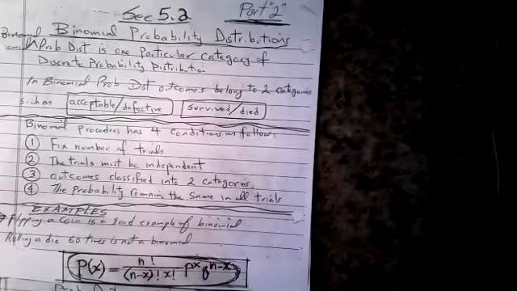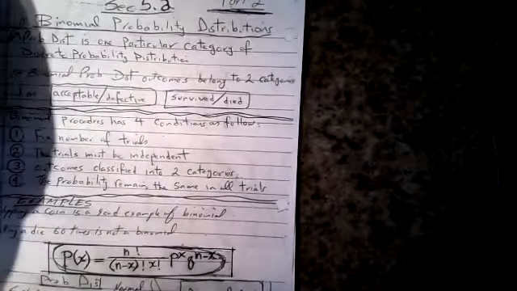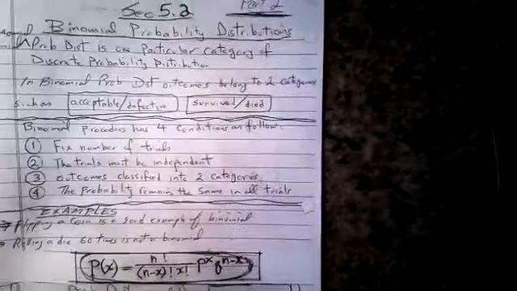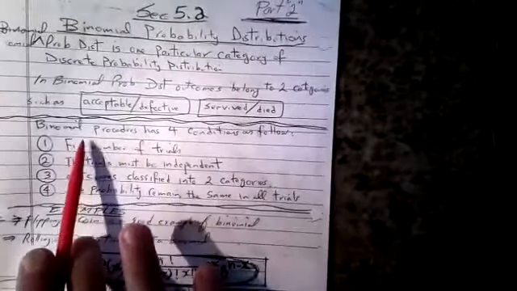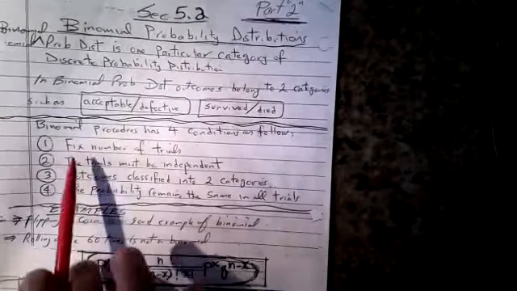And here, you see that one of the special cases of binomial probability distribution is that you have to have these conditions, 4 conditions.